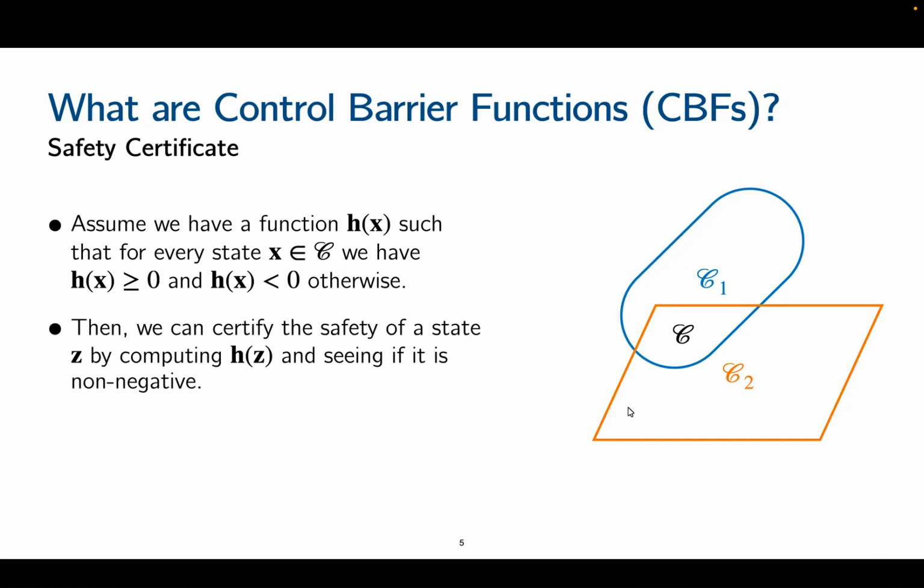If that is the case, then we can use this control barrier function to certify safety for states. So let's say we have a state z, and by computing the value of h(z), we can see whether it's safe or not. If it is safe, then the value of h(z) will be non-negative. If it is not, then h(z) will be negative.